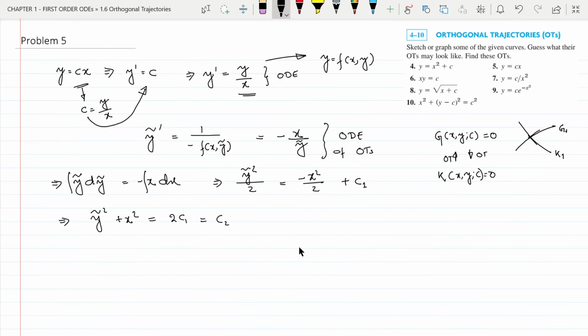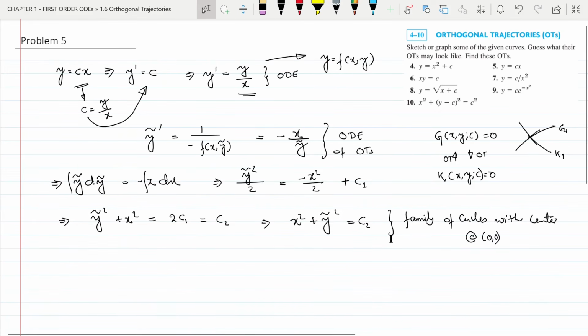We are writing it c2 because we want to differentiate this c from the original c in the given family of curves. So now we have x square plus y tilde square equal to c2, and we know that this is a family of circles with center at origin.